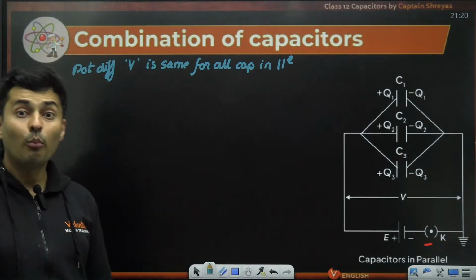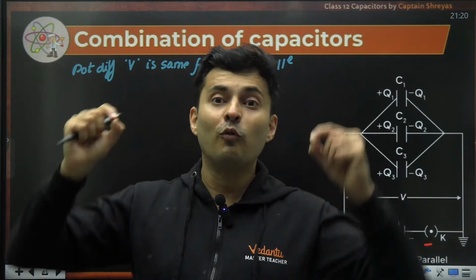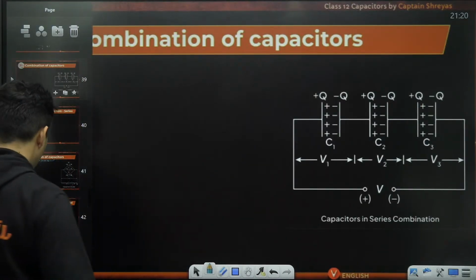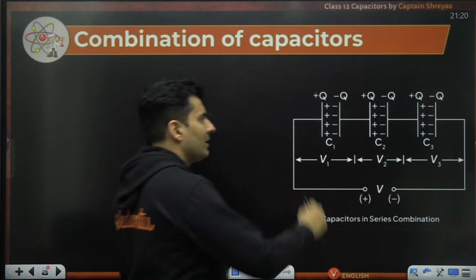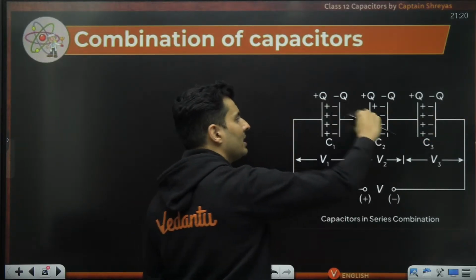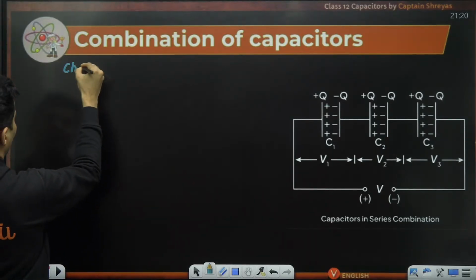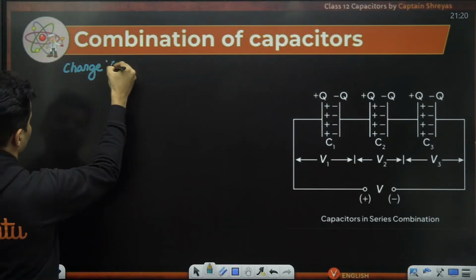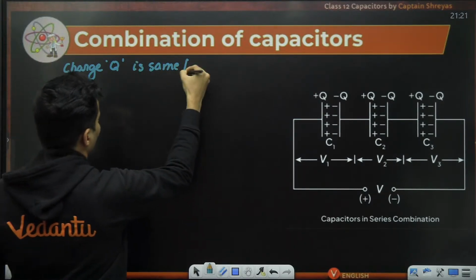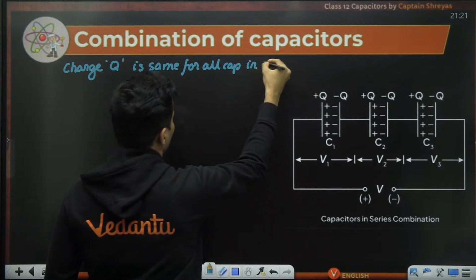Is that right? Potential difference, like you might have studied in 10th standard, resistors in parallel, potential differences are the same. But if you take capacitors in series, then just like for resistors in series, current flowing is same. Here the charge on all of them is the same. So it is the charge which is same for all the capacitors in series.